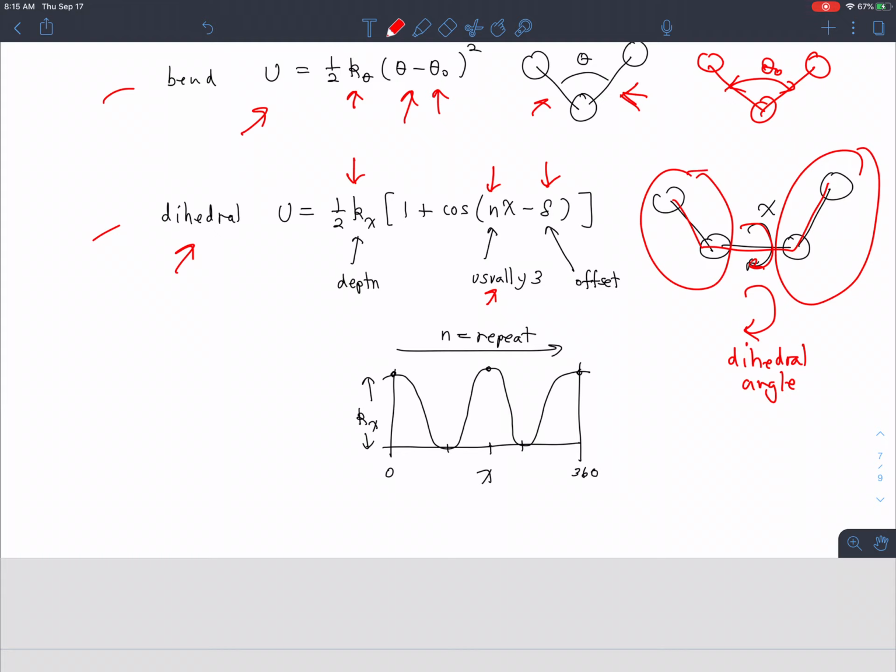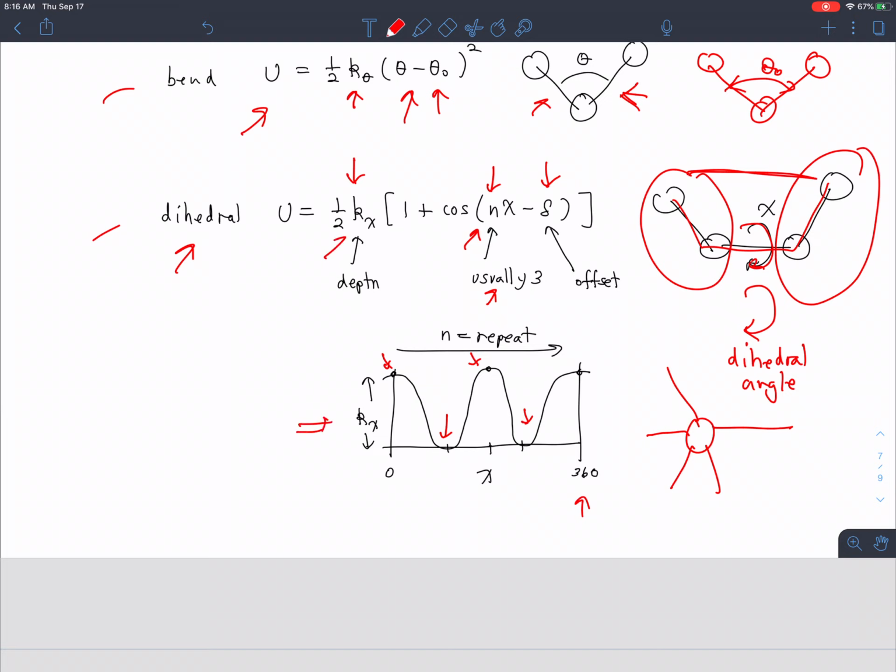Because of clashes between the two ends, that energy is high when the ends are in an eclipsed arrangement and low when they're in a staggered arrangement, and that arrangement repeats as you go around 360 degrees, and hence you get this. That's what this multiplicity factor is accounting for, right? If that n were 4, that would mean that there would have to be 4 substituents here, not just 3. And so anyway, it looks like that.